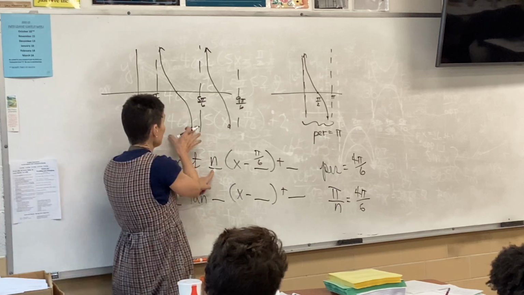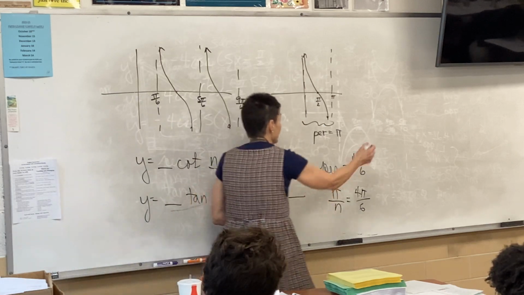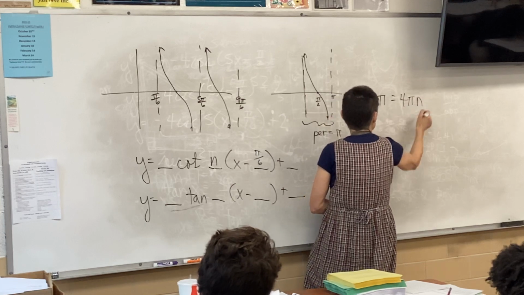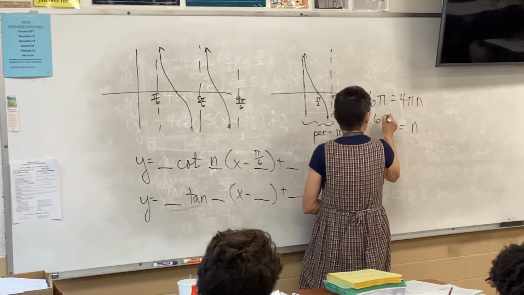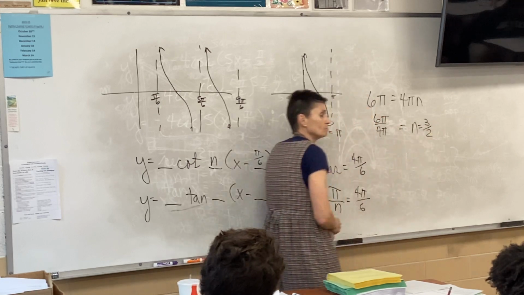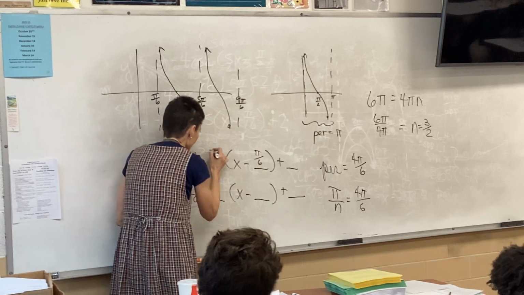Well, we know the new period's 4 pi over 6. So I'm just going to cross multiply here. Some of you are going to do this in your head, but I got, what is that, 3 halves? So I'm going to put a 3 halves right here.